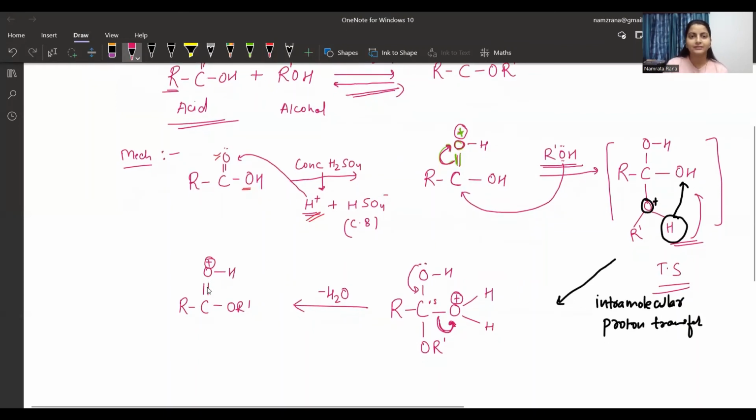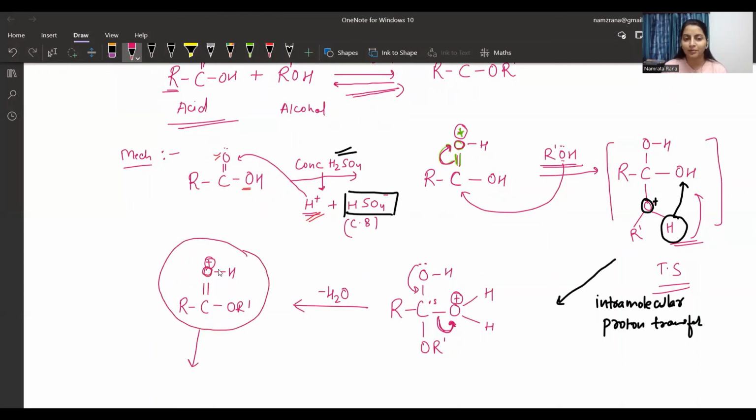Now, as this acid H2SO4 has been used as a catalyst, this conjugate base is in search of H positive ion because we know catalyst cannot be consumed in the reaction. It has to be reformed. So, as soon as this species is formed, we see oxygen being more electronegative, cannot bear a positive charge.